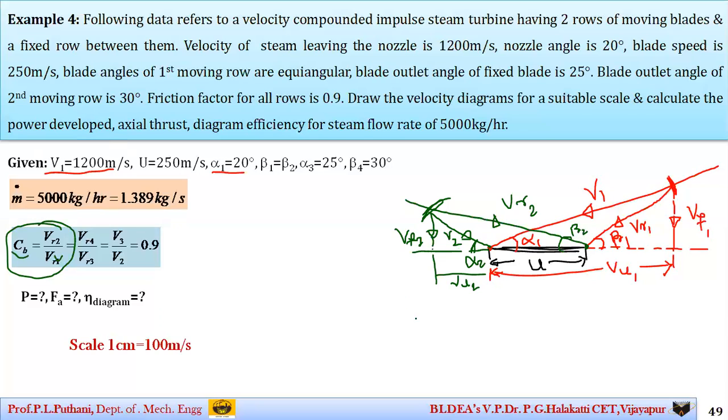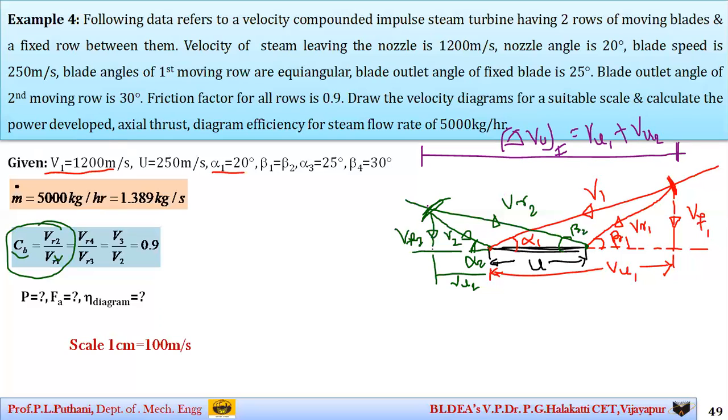Students, please observe here carefully. For this case, from this particular point, from here to here, whatever the length is, we say this is delta VU for the first stage, Roman number 1, which is nothing but the sum of VU1 plus VU2.